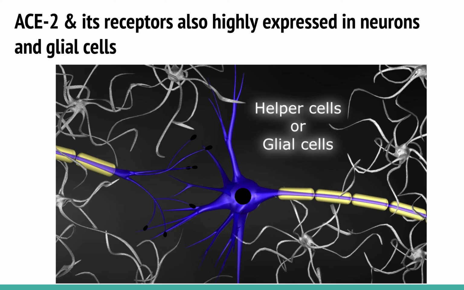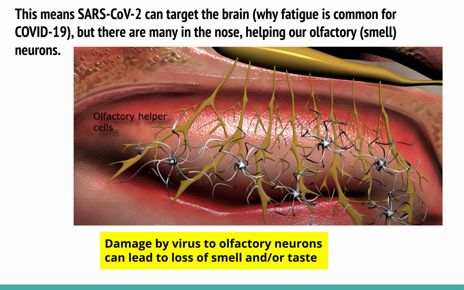And in fact, one of the first neurons it interacts with is the neurons in your nose, which are your olfactory neurons. Because they have ACE2 receptors, they can get damaged and infected by SARS-CoV-2, which means you might get anosmia, which is the loss of smell and potentially taste, because your sense of smell is connected to taste.